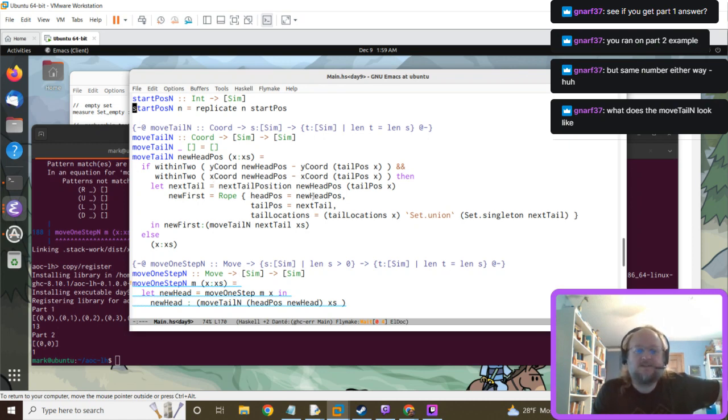Swaps in the tail position calculated from that, and the old tail position. Does the union with next tail, and then it recursively calls on the rest of it.